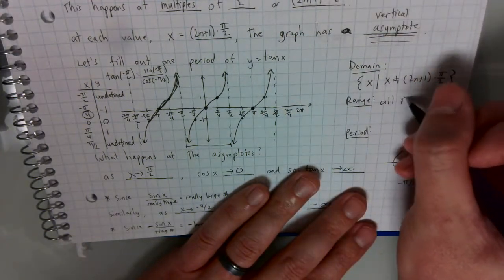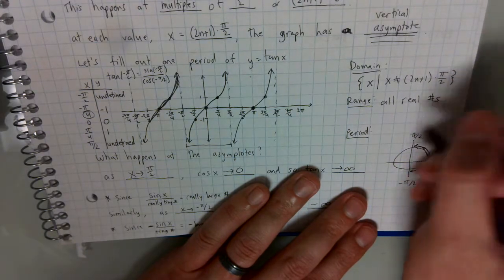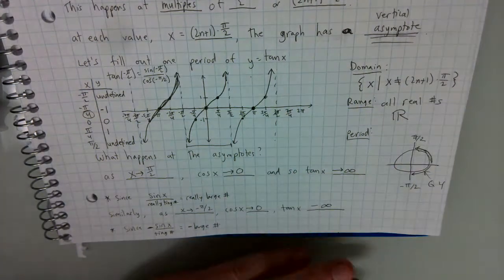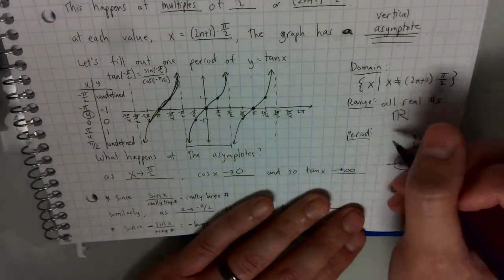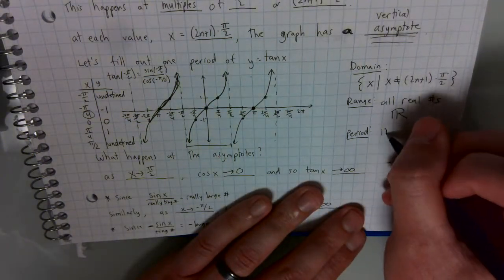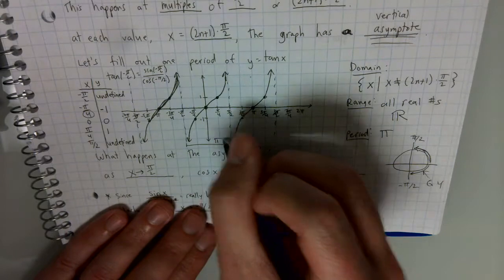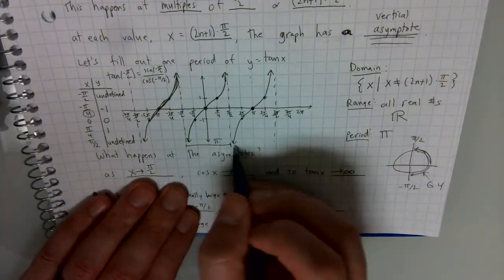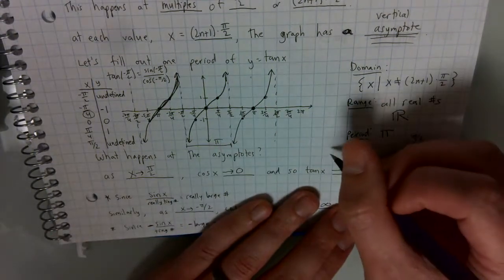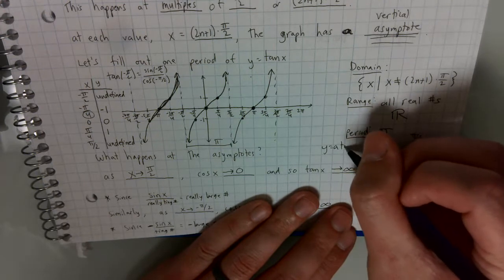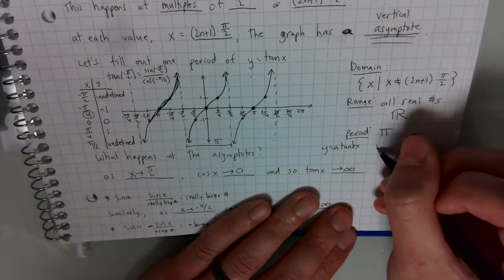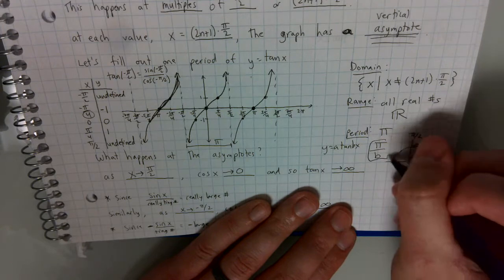So we say it's all real numbers, or the set notation for that is a big bold R. And then the period is pi, because this distance right here from negative pi halves to pi halves completes one period, that's pi. And more generally, if we have tangent of bx, the period would be pi divided by b.